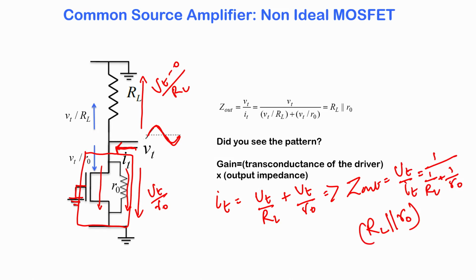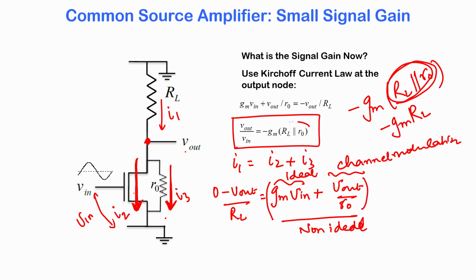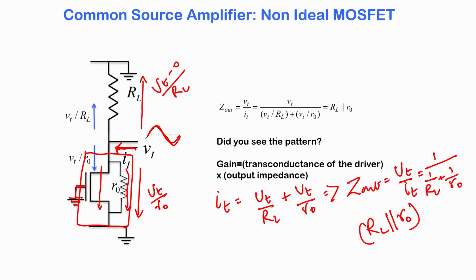So, that is the output impedance. Again, you can see the pattern here: the output impedance into the effective transconductance is the gain. But that is how you calculate the output impedance. So, you are now familiar with using small signal analysis to calculate different circuit aspects.